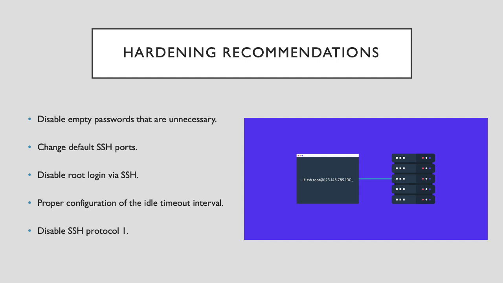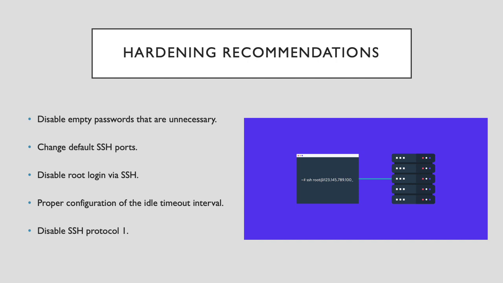One last hardening recommendation, but not least, you can disable SSH Protocol 1. So in other words, that is a good method for a hardening recommendation. This is if you are using mostly an older Linux computer.